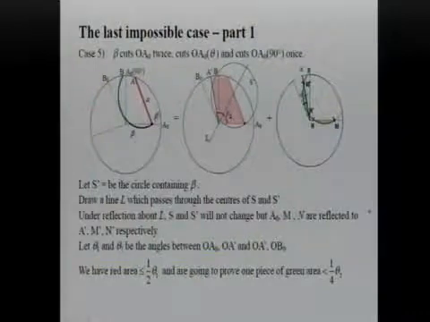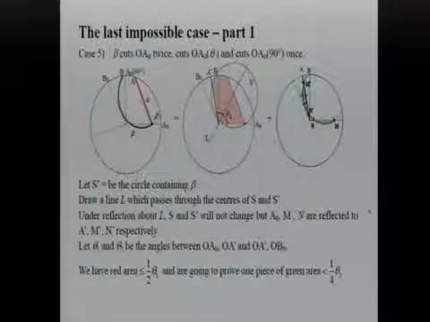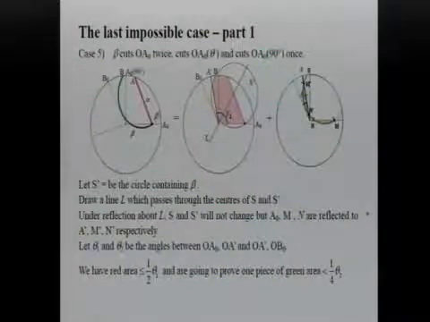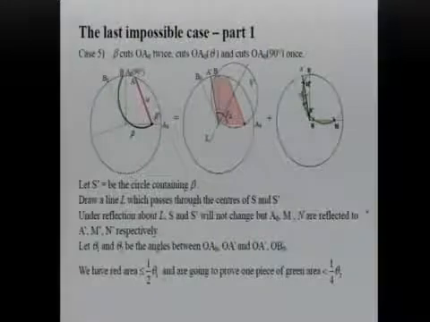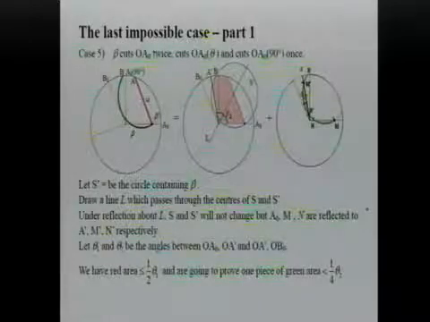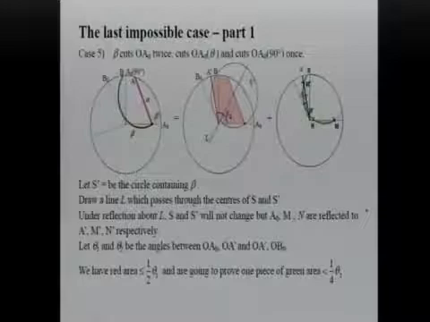For case 5, beta cuts OA log theta and cuts OA log 90 degrees once. As the green curve does not cut the line of 90 degrees, we find the radius by reflection about the line joining the 2 centers of the 2 circles. Then we can compare these 2 closer paths which are in the green area.